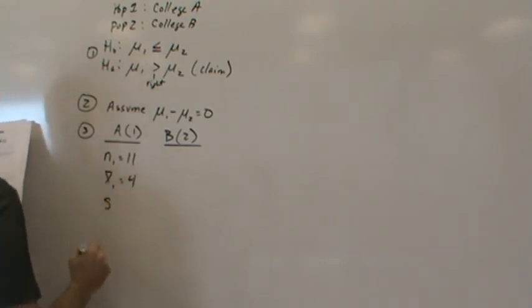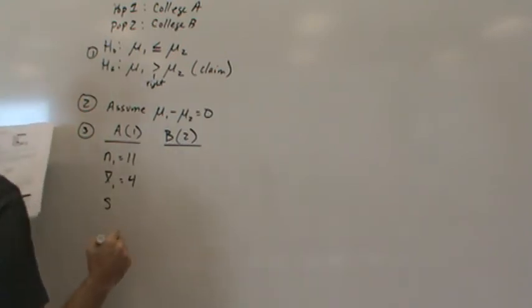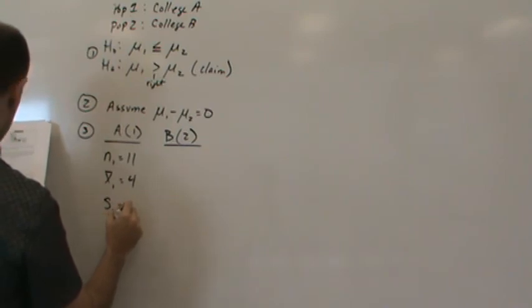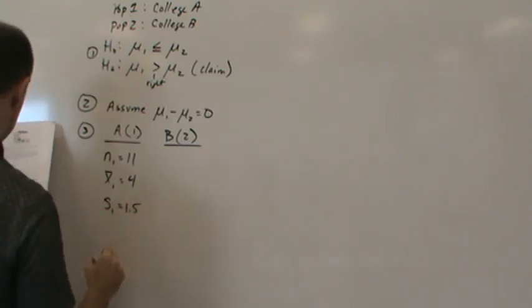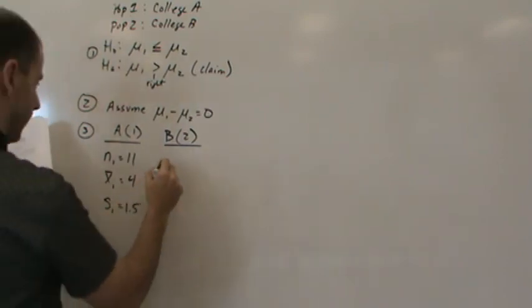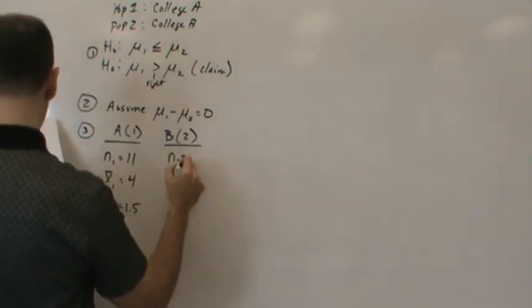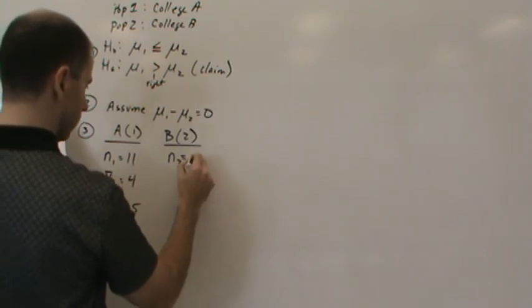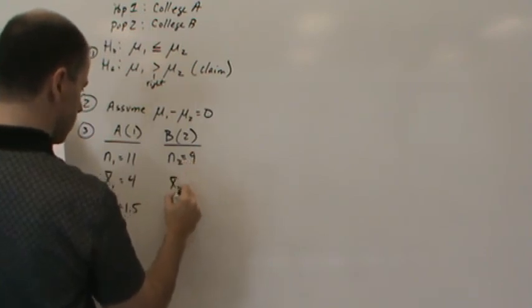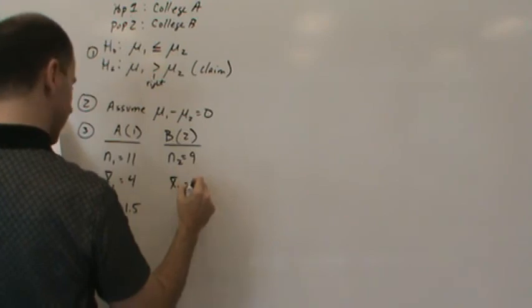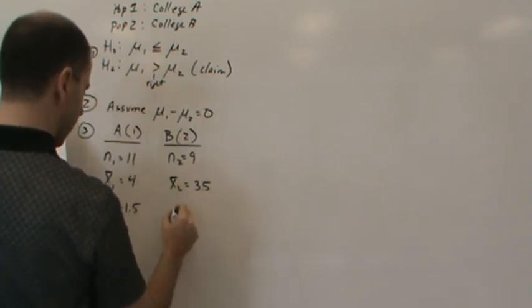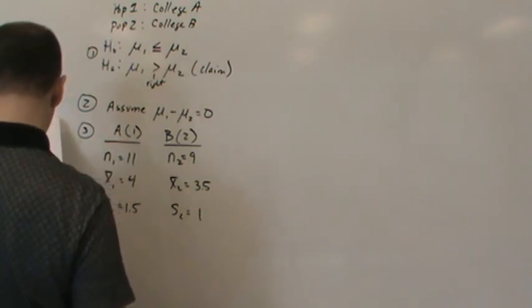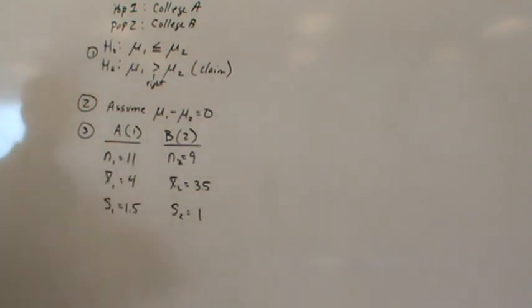And S1, the standard deviation for these 11, was equal to 1.5. Now for College B, N2 was equal to 9. X bar 2 was equal to 3.5. And S2 was equal to 1. And so there's our data.